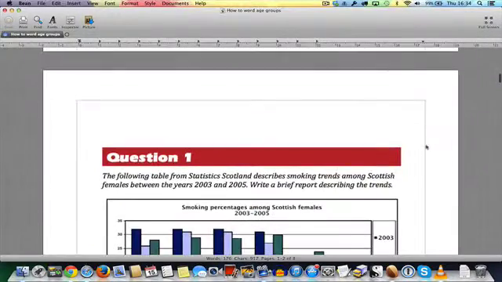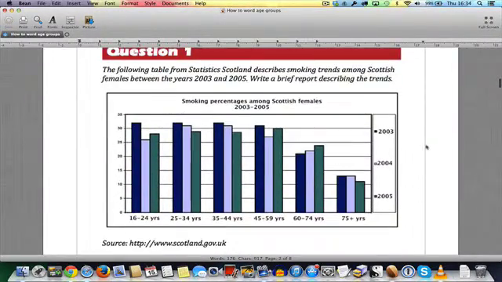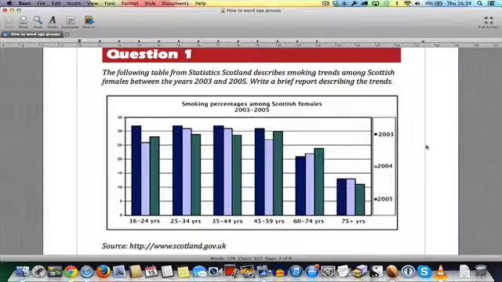So in this lesson, we're addressing something that is a challenge for many IELTS candidates, and that is how to make reference to age groups when they appear in your academic Task 1 question. So here on the screen we have an example question, and this data source presents the smoking percentages among Scottish female demographics between the years 2003 and 2005.